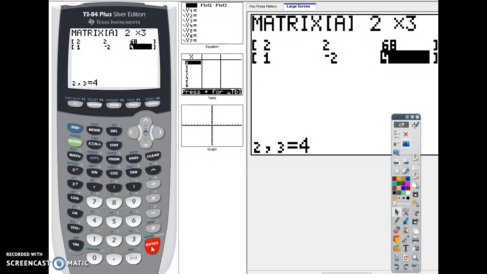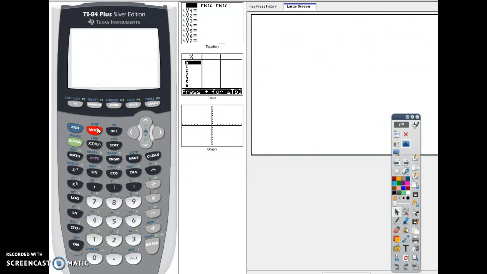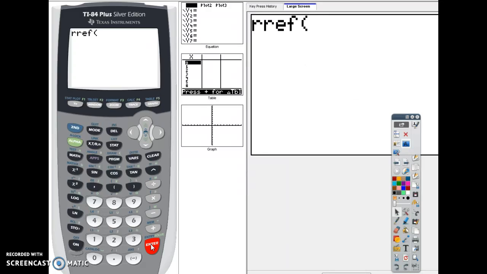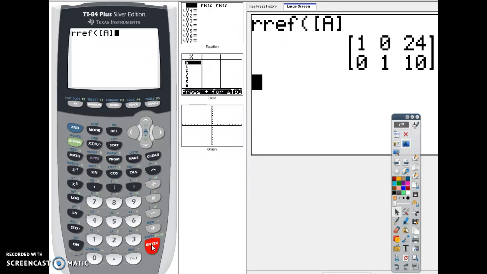Okay? When you're done filling it in, you quit. So second mode, then you go back to second matrix and over to math. Go up to where you see RREF, 2 R's. Okay, so that's my B. Enter one time. Make sure that the blinker is right after the parentheses. And then we're going to press second matrix, enter, enter again.